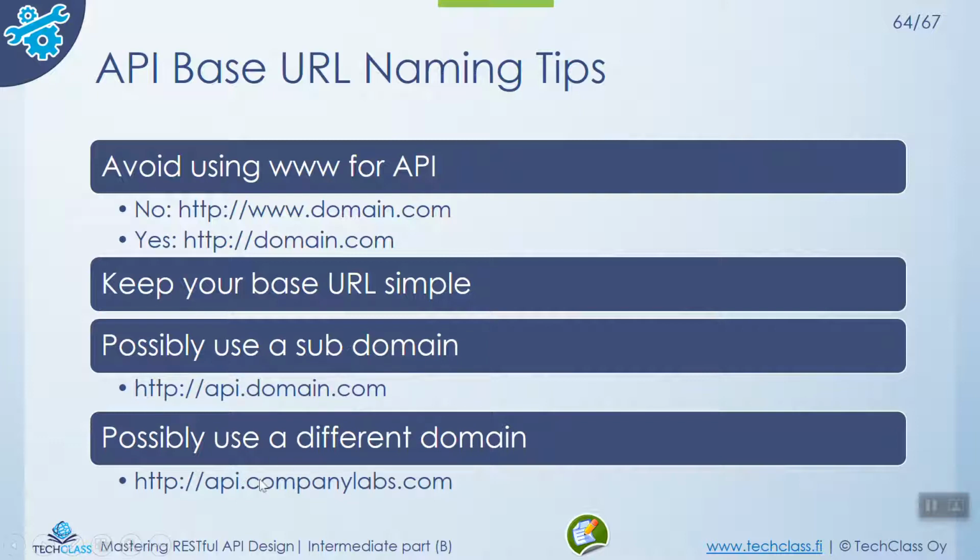And it would be possible to also use a different domain as well. Why not? Because it's not a website that users are going to go and use. It's the API-based URL that developers are using inside their applications to communicate with your API.